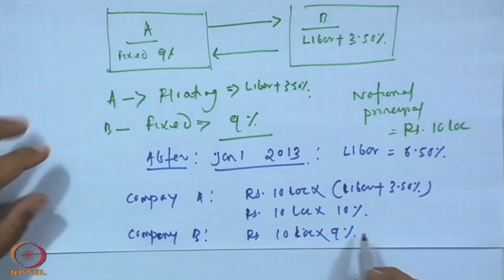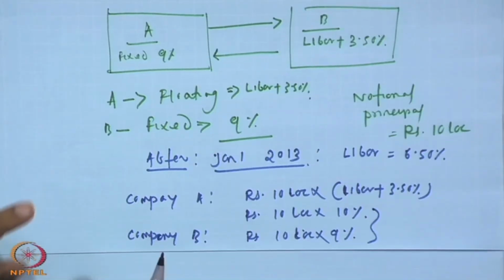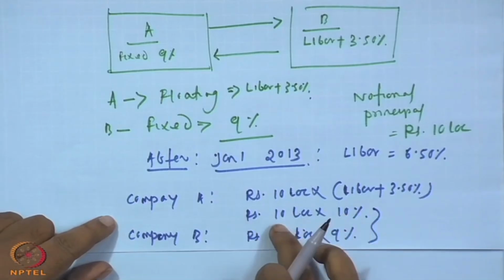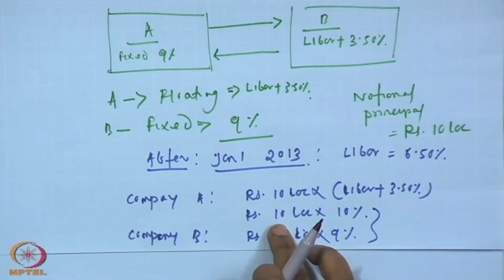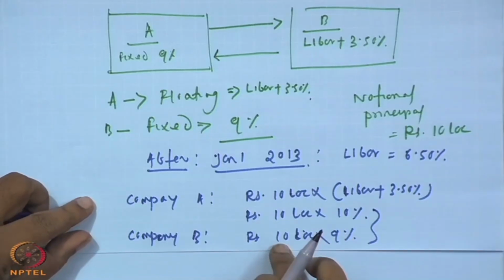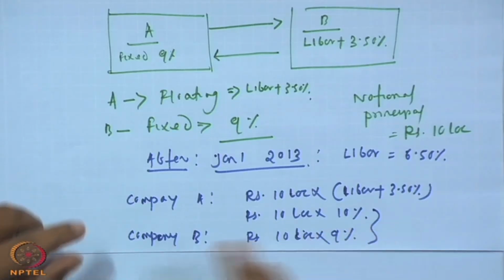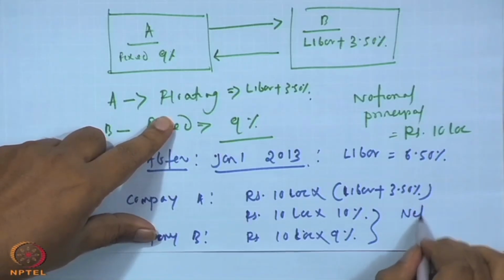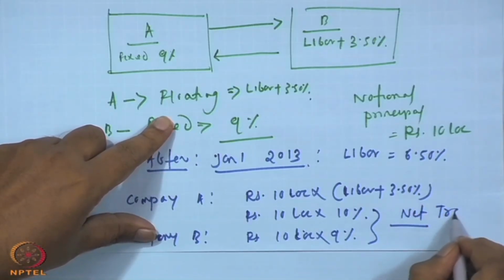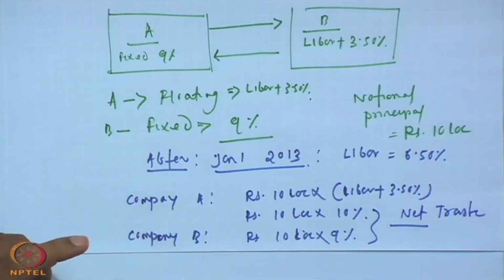Now if you see, the interest rate differential: 10% of 10 lakh is 1 lakh rupees, and 9% is 90,000, so 10,000 extra rupees will be transferred. A net transfer will take place. Who will get the benefit? Company B gets the benefit.